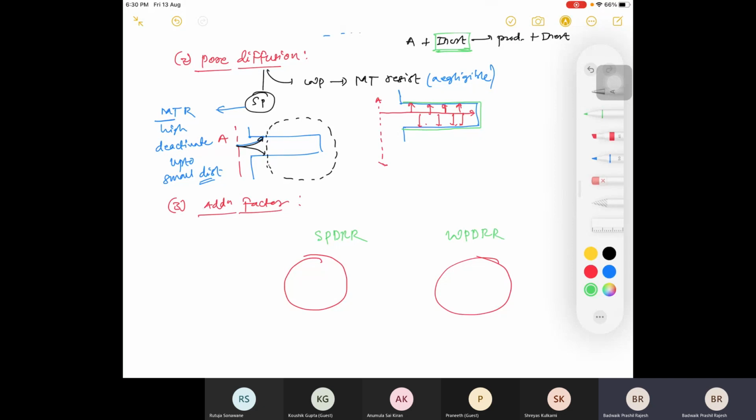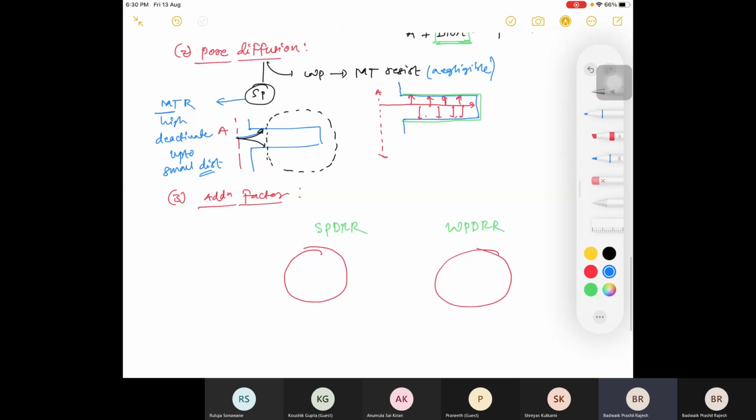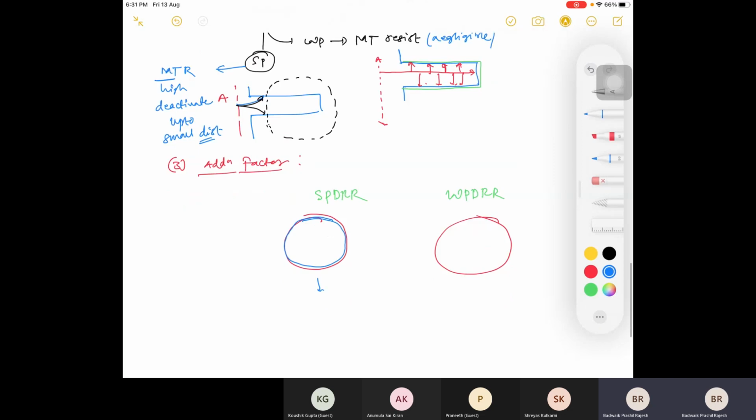In strong pore diffusion, the reactant is not penetrating inside the catalyst, so it will start blocking this surface initially. This will deactivate up to this. After some time it will go up to this, then it will go up to this.